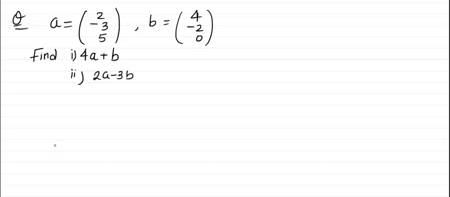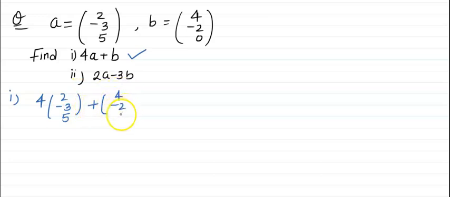Now let's go for one more question. Here the vector A is given as 2, -3 and 5. B is given as 4, -2 and 0. You need to find 4A plus B. That is our first part. So 4A is 4 times 2, -3 and 5, and B is 4, -2 and 0. You multiply 4 times 2, that is 8. Then 4 times minus 3 is minus 12.